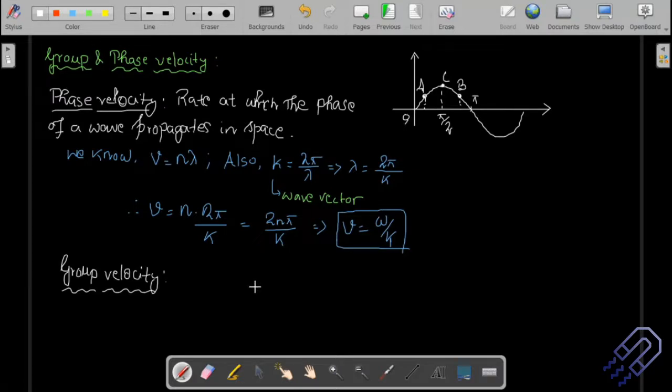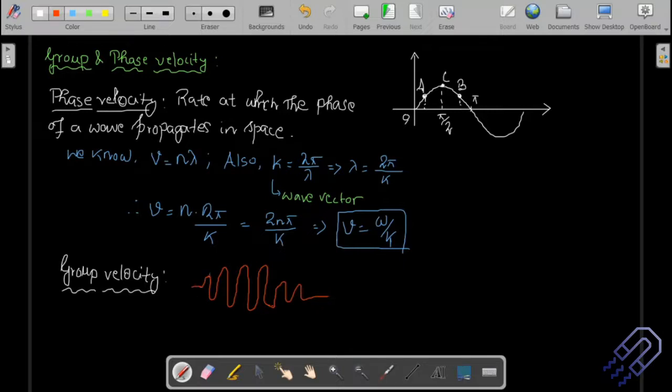So if waves superimpose and they are in phase, they're going to create an interference pattern. So what you observe is something like this: if you add all these waves at different points, you are going to get a set of waves, and this will be something like this.